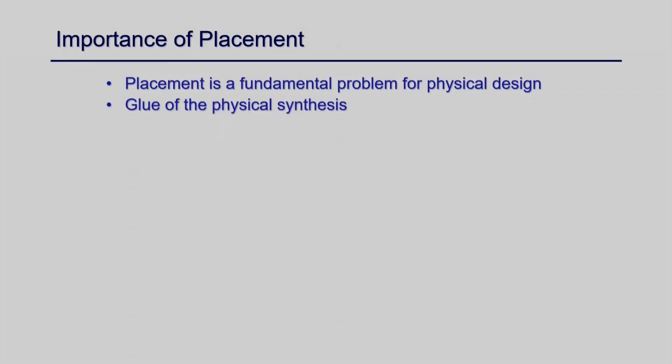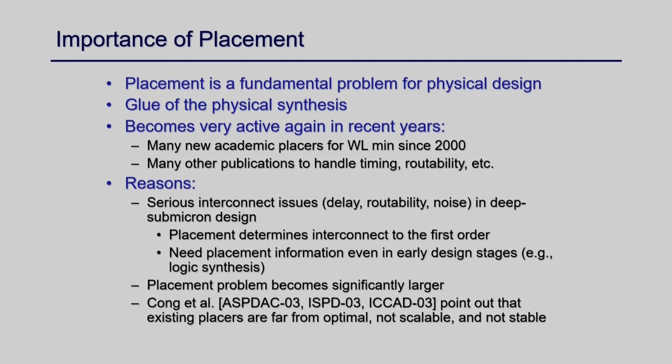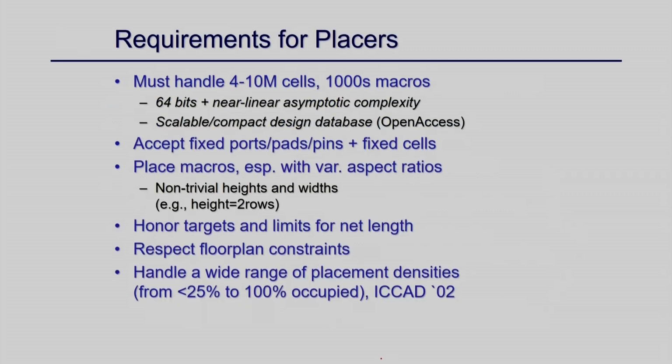So, placement, as I mentioned, is important because the route interconnection cost is growing more day by day, right. So, the placement becomes important just to reduce the total interconnection cost. And the problem with the placer is that now the number of cells is 100 million, right.